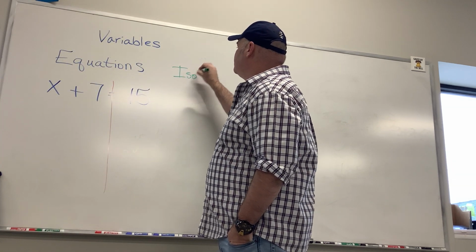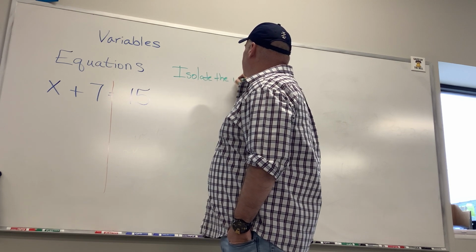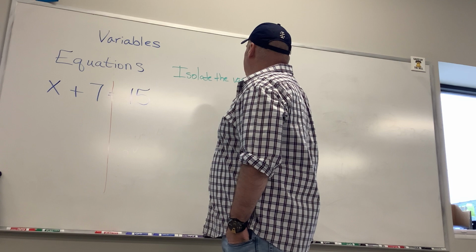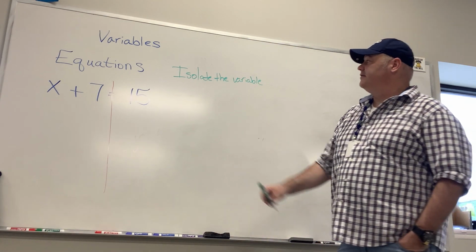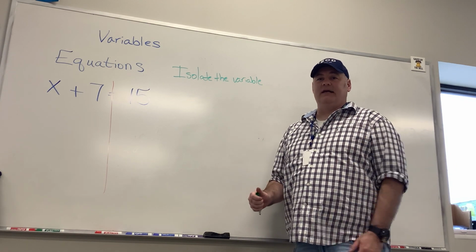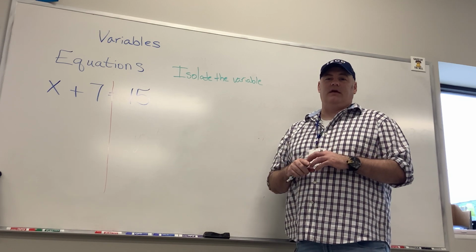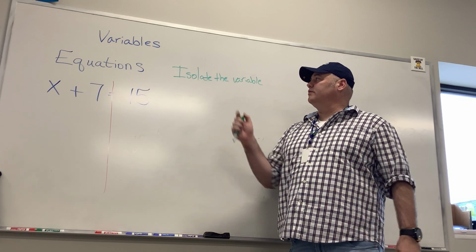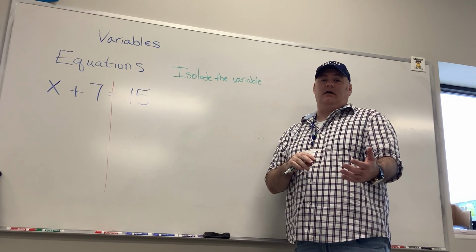The next thing we're going to do is, and this is an actual term, you can look up videos on this: isolate the variable. We're going to isolate the variable. That word isolate we've become very, very familiar with these last few months. I'm sure you've heard it outside math. You isolate yourself, you get away from everybody, you're by yourself, okay? And so that's exactly what it means. We're going to make the variable be completely by itself, okay?